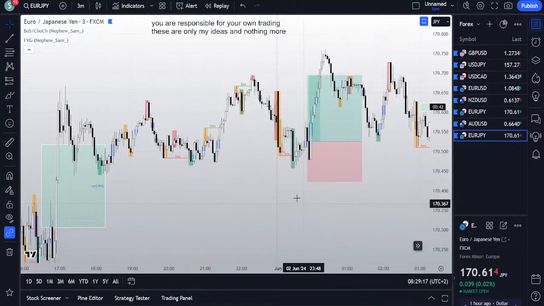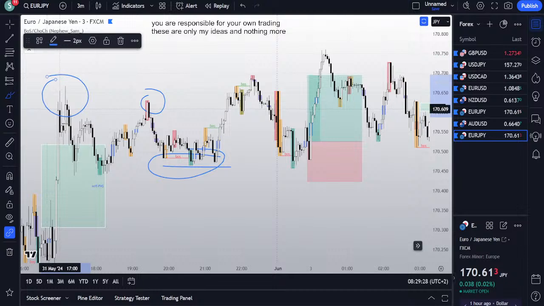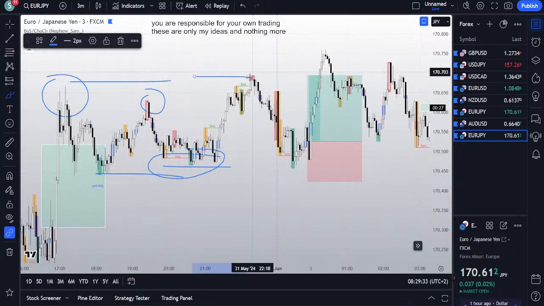Should be different. Anyway, so we open here, and I was thinking, okay, we are here, we get up to this level here, these are rejection. So pretty much we had a box, right? And the box is valid.